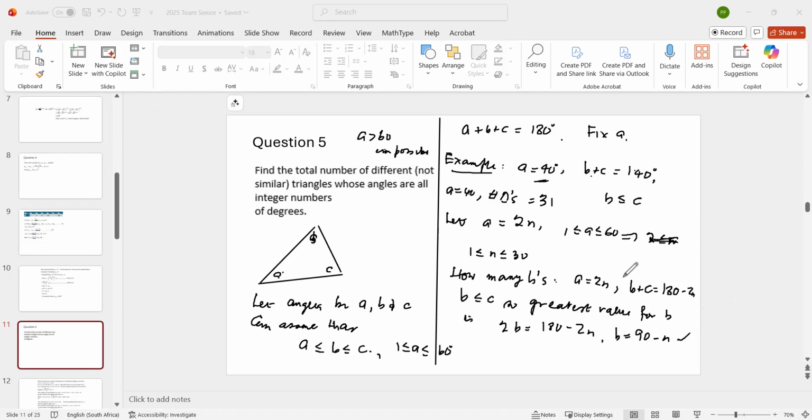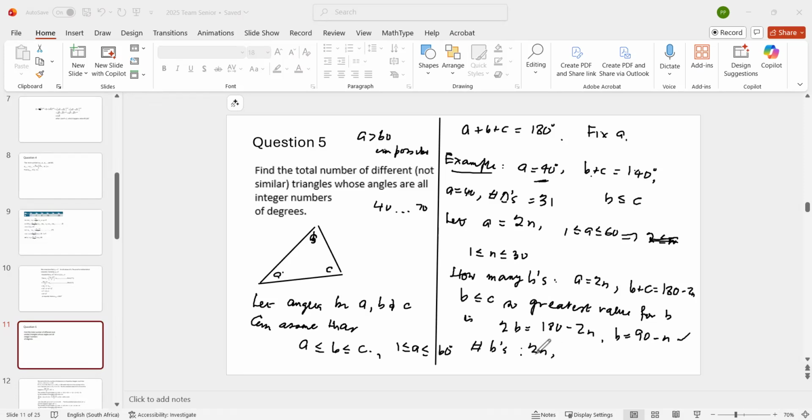And then we said, okay, how many B's are there? The lowest value for B was 40. So we needed to know how many numbers are there from 40 to 70. This time the number of B's, starting from B equals A, that's the lowest value, which is 2n.